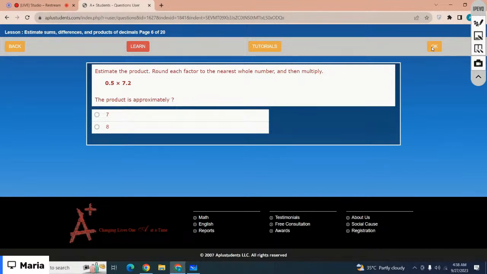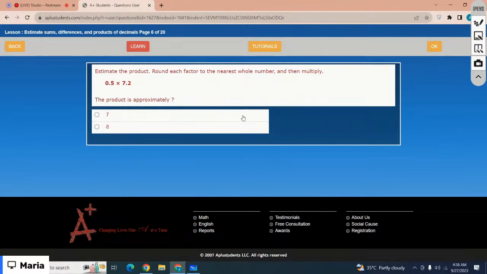Okay, 0.5 times 7.2. So which is the correct option? That is 7.